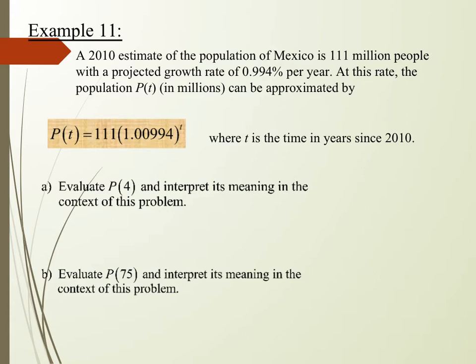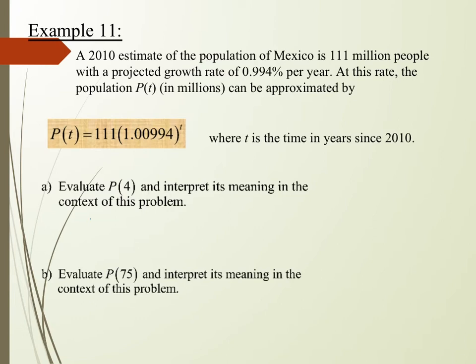At this rate, the population P of T in millions can be approximated by the formula P of T is equal to 111 times 1.00994 raised to the T, where T is the time in years since 2010. It says evaluate P of 4 and interpret the meaning in the context of this problem. So P of 4 is really the population of Mexico in 2014.